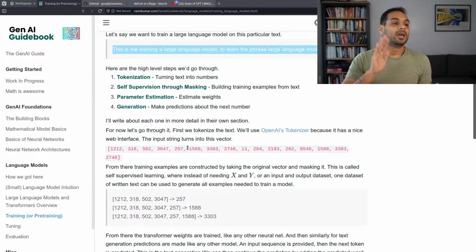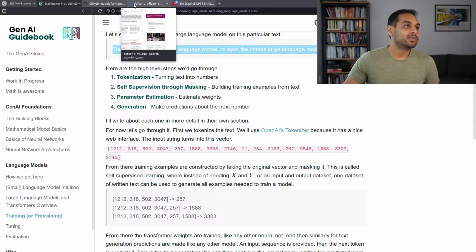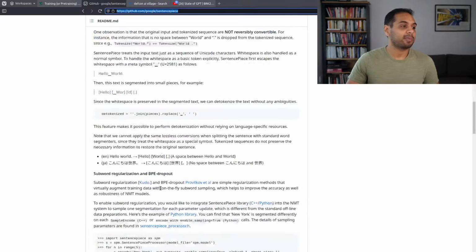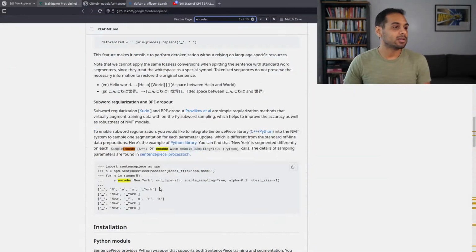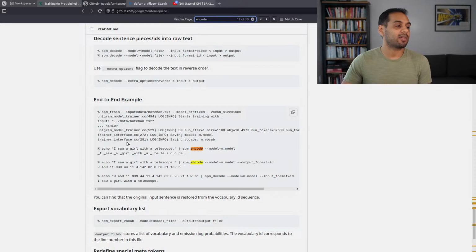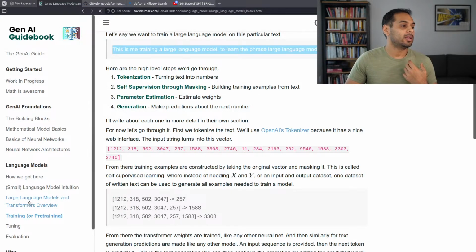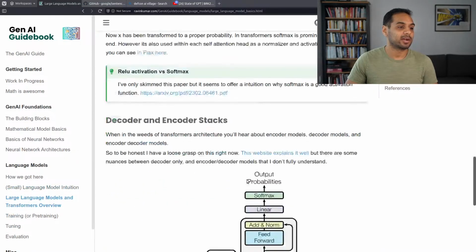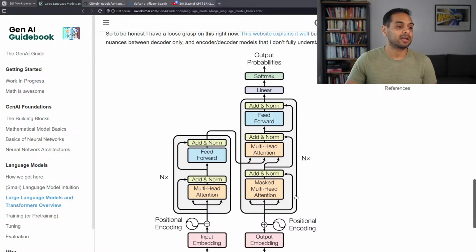Now, one confusing thing that stuck me for a while, but I want to point out, is that they also use the word encode, in this case, to mean converting the string into a series of tokens. So if you recall, in a large language model, we have a thing called an encoder. It's the thing over here on the right, and there's also positional encoding.